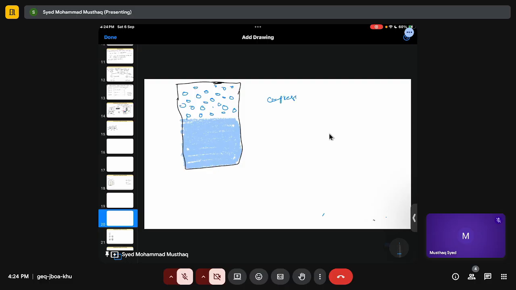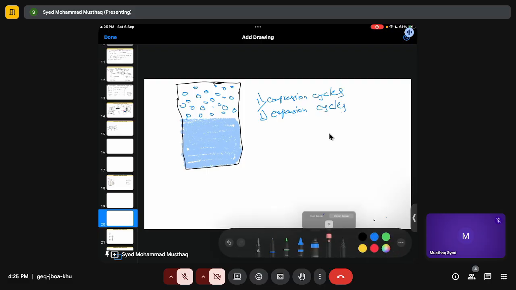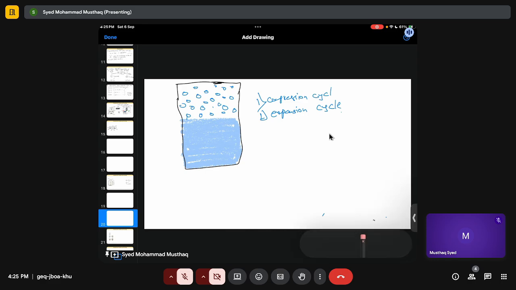two cycles: compression, expansion. So it contains two cycles, compression cycle and expansion cycle, and these two will change places. First you will have compression, then you will have expansion, compression, expansion, compression, expansion.